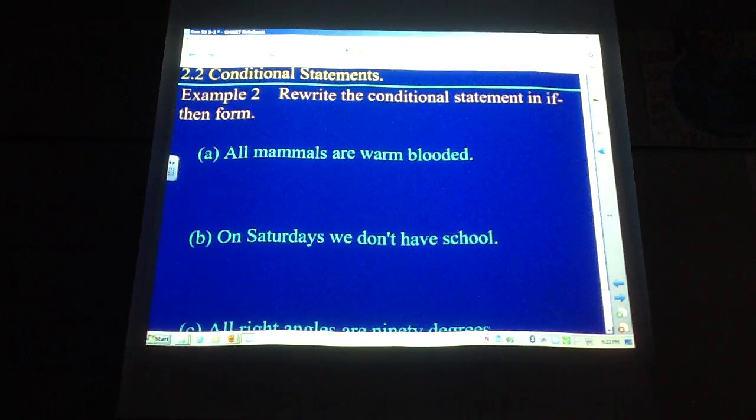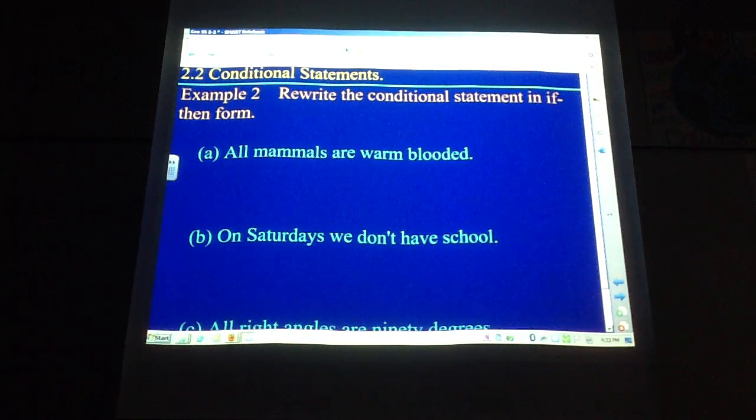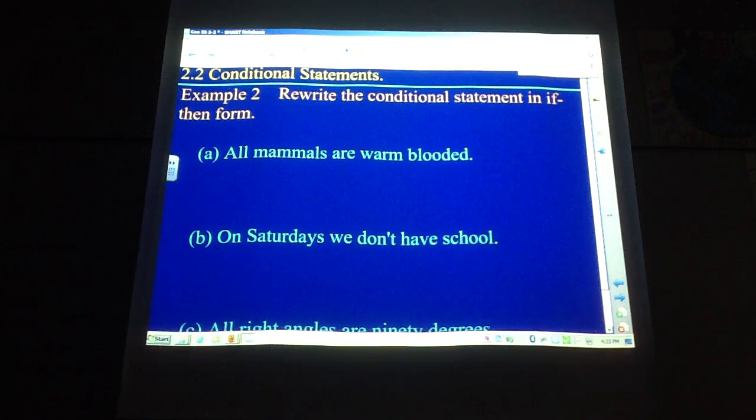So we're going to look at another example here. We're going to rewrite the conditional statement in an if-then form. So we're given a phrase and we're supposed to make it a conditional statement, basically. It says, all animals are warm-blooded. So to write that as an if-then statement, that means the same thing as this. We could write it a couple different ways, but we definitely need the if, and we definitely need the then.